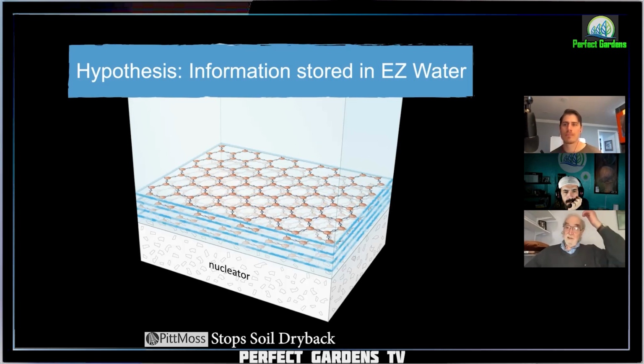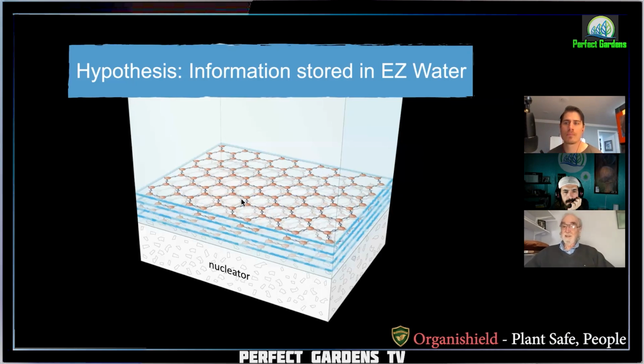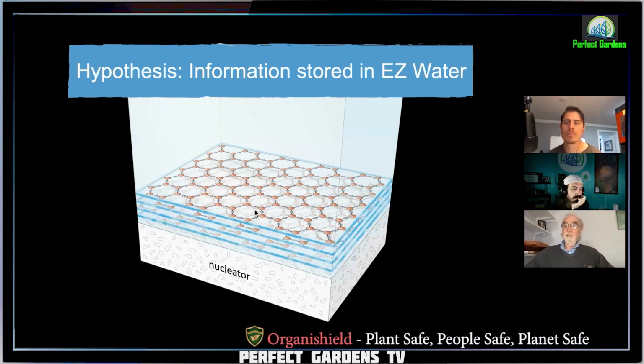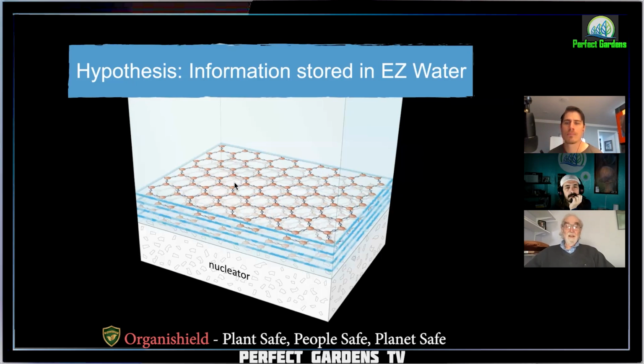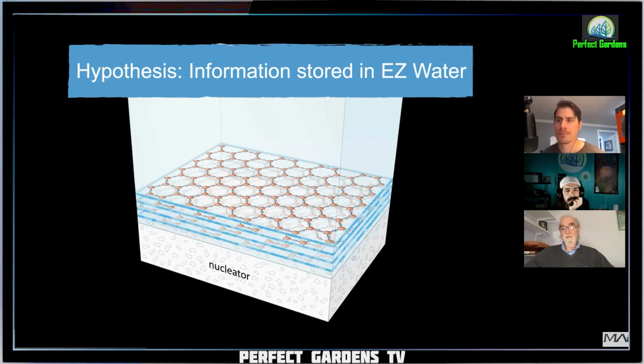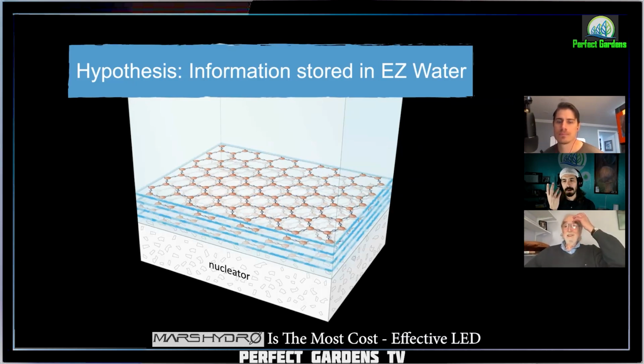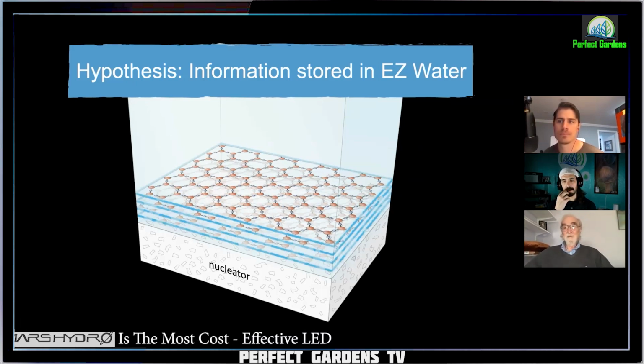We calculated, at least theoretically, the information density is something like 1 billion times higher than what now exists. So wow. It'd be a big leap if the idea turned out to have practicality. You can imagine computer memories filled with EZ water rather than silicon transistors.